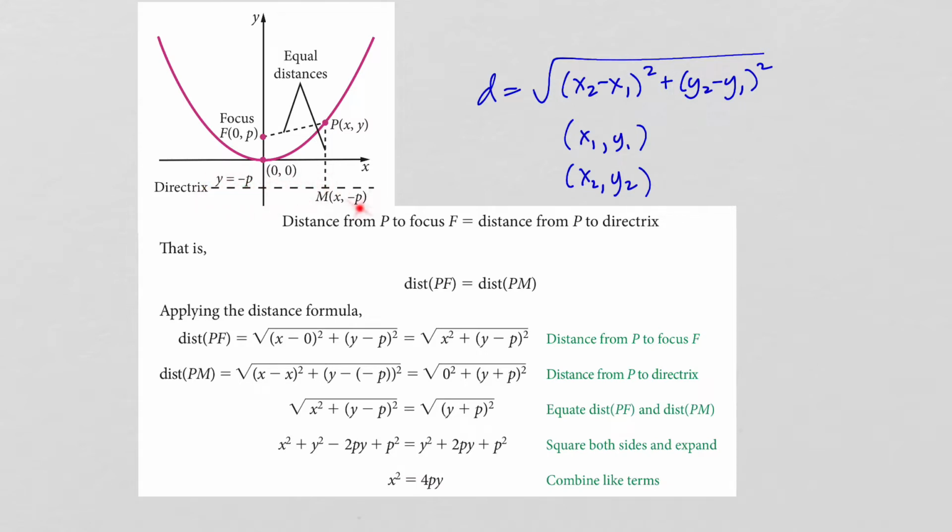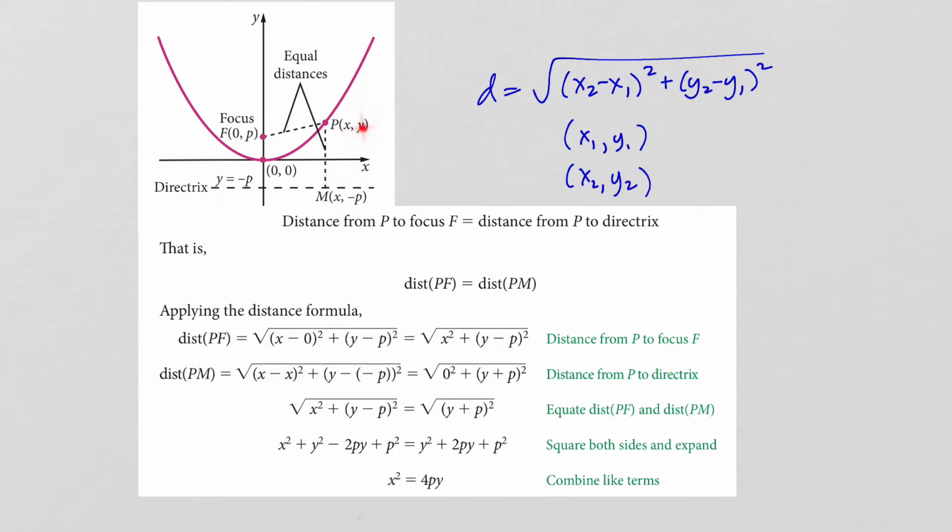which means every point on this line has a y-coordinate of negative p. And then as I mentioned, the x-coordinate here has to be the same as the x-coordinate here, and we're calling both of those x. All right, so the distance between point P and point M, we're going to subtract the x-coordinates, which is x minus x squared.